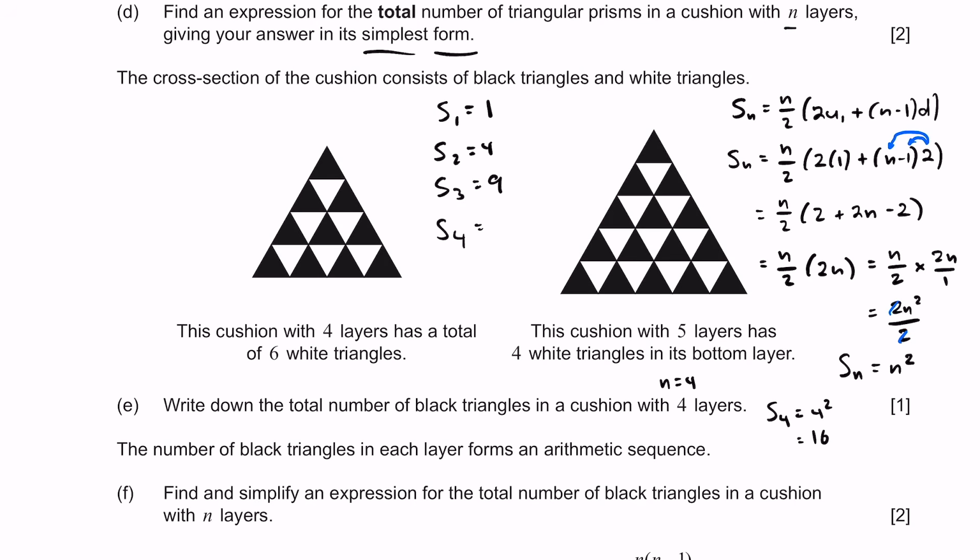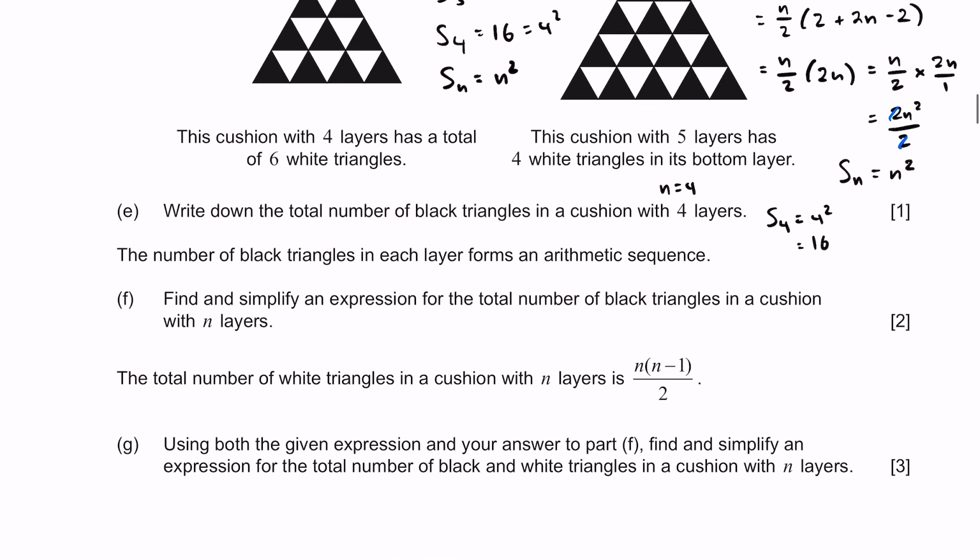And S4, we're adding on another 7 triangles, 9 plus 7 is equal to 16. You might say, hey, this is 1 squared, 2 squared, 3 squared, 4 squared, and in all of these cases, it's just n squared. So you can show the substitution and then try to generalize by looking inductively for a pattern. And it's just n squared in this case.